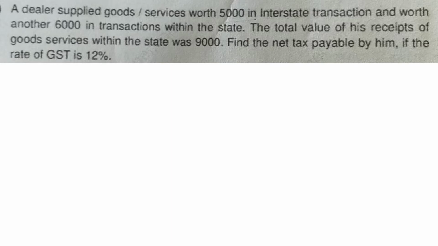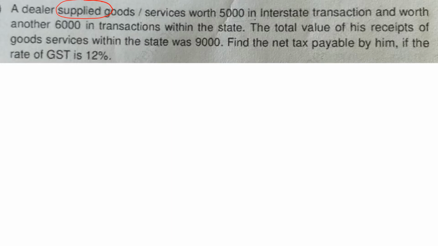Now let us look at the different numbers that we are looking at. The dealer is supplying goods and services. Now when a dealer supplies, is he going to call it his selling price or cost price? It will be selling price.